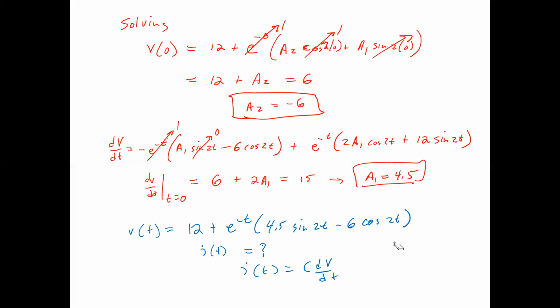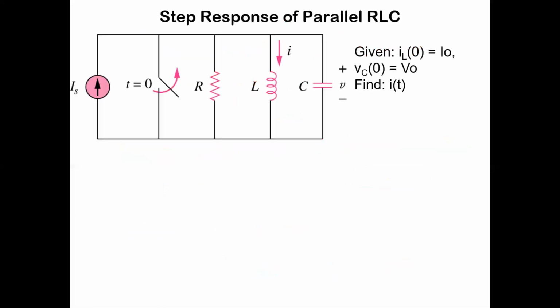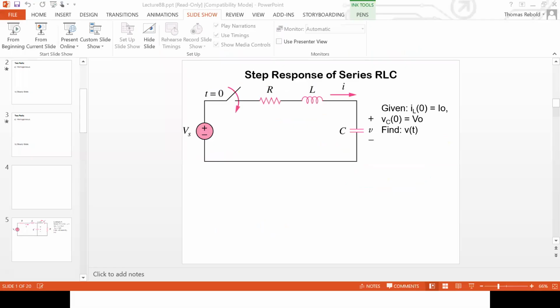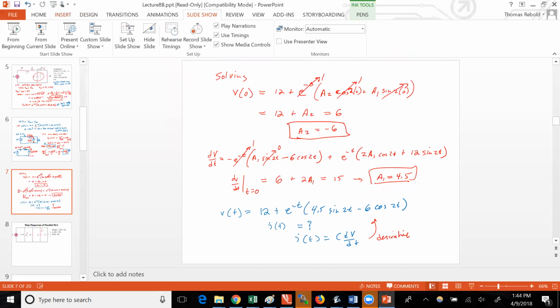Because of the way the circuit is set up, the capacitor is kind of ruling this circuit. So you can take the derivative and do it that way if you want. We basically take the derivative of that, or you can solve for I of t directly.